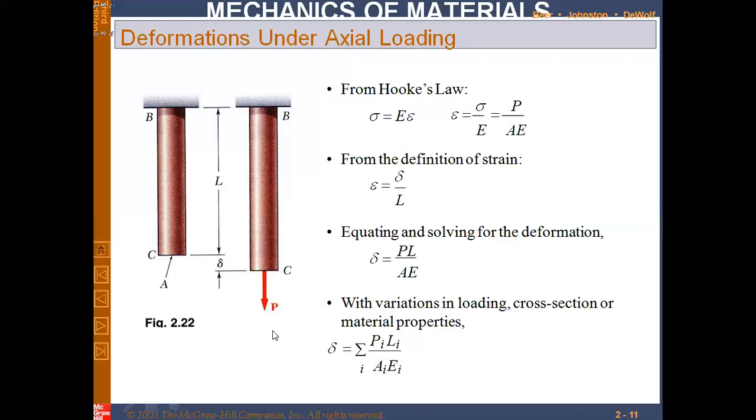As we discussed before, when we subject a material to external loading, two things would happen. First, the material will resist the external loading, and because of this we come up with the concept of stress.